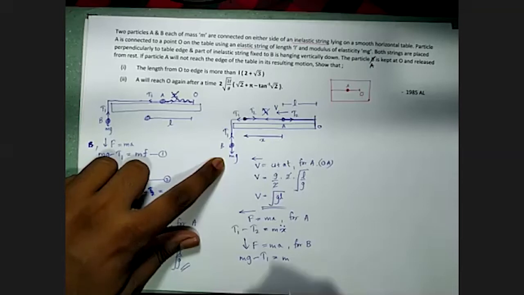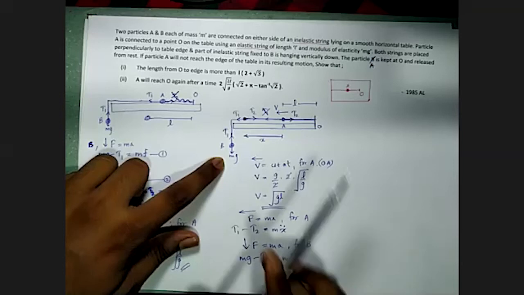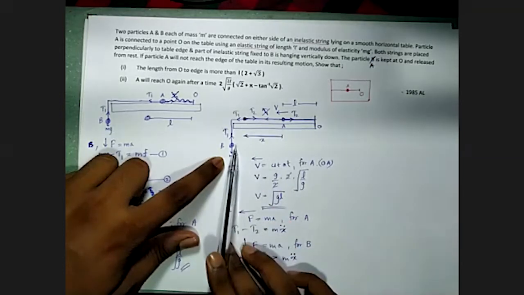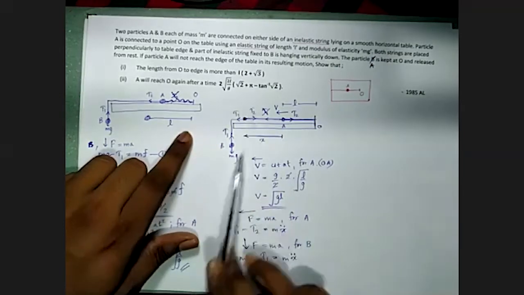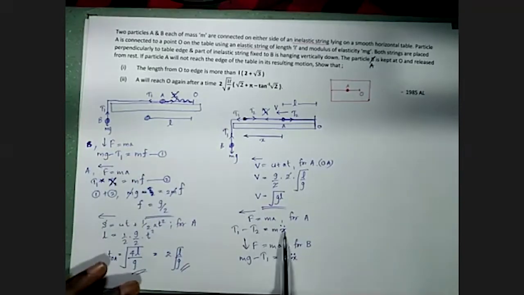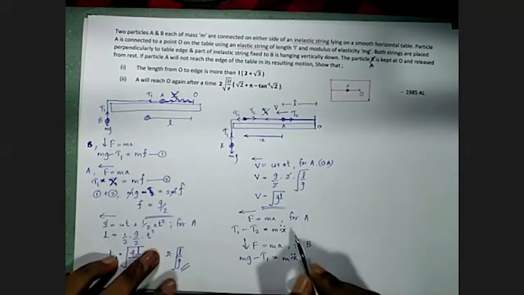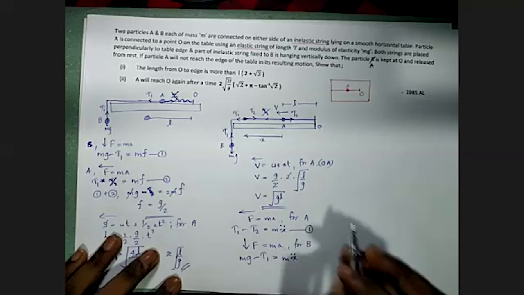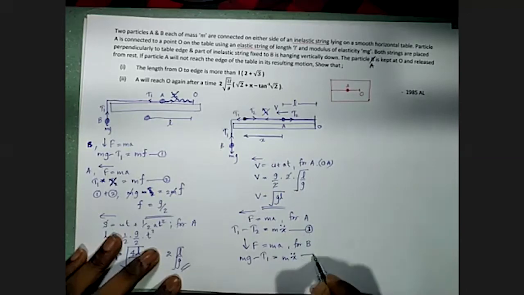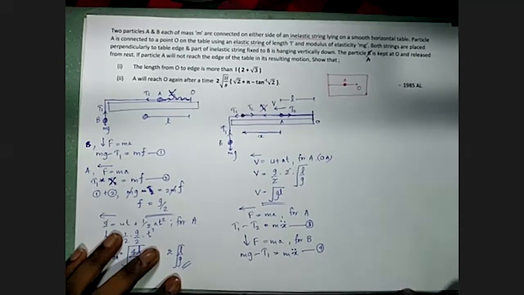Now what is the acceleration? It should be the same acceleration. Why? Always particles A and B are moving as one system. Therefore, x double dot is the common acceleration in this case. This is my equation 3. This is equation 4. Now I can add 3 and 4.